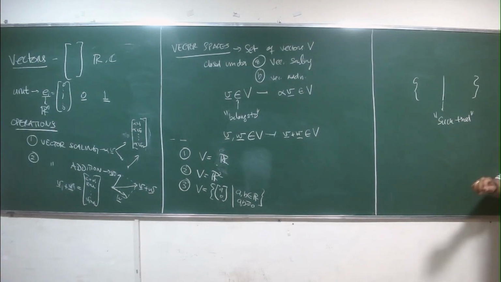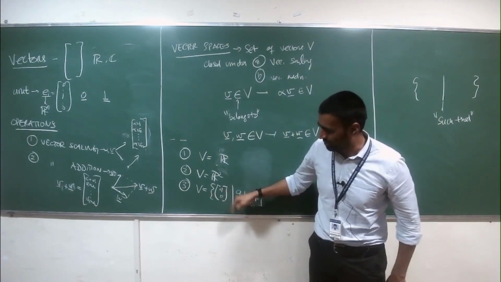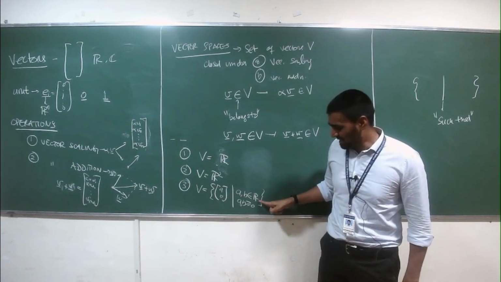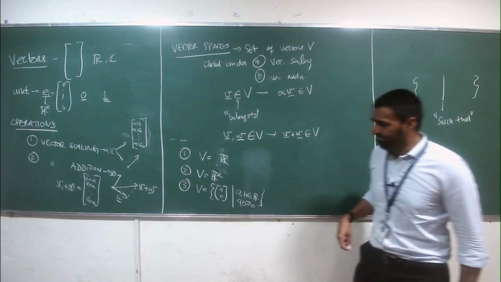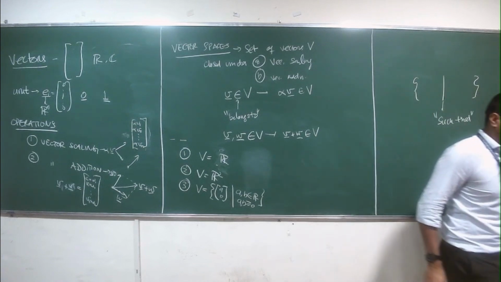So this set V is a set of two variables A and B such that A and B are real numbers and A and B are greater than or equal to 0. Okay. Now is this set a vector space?